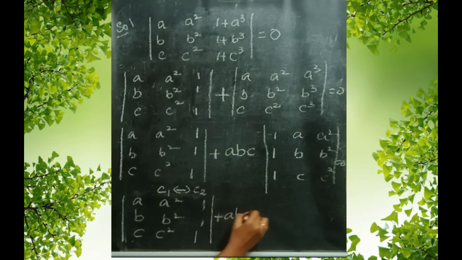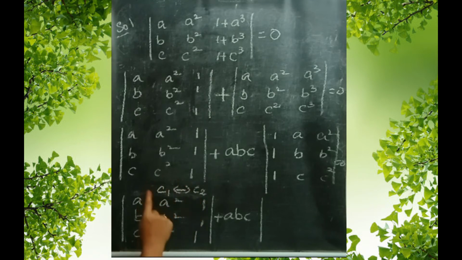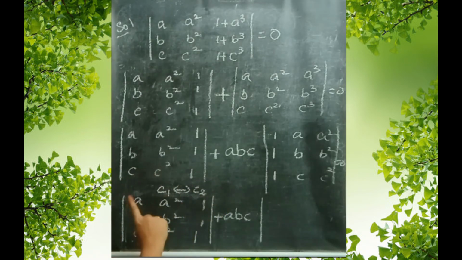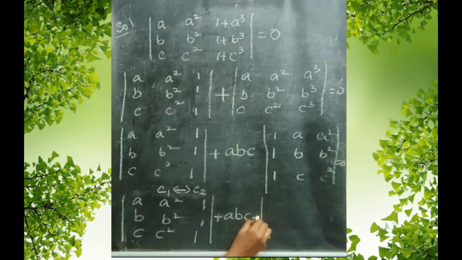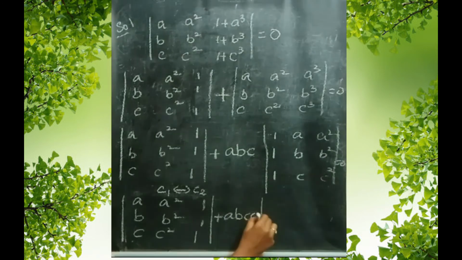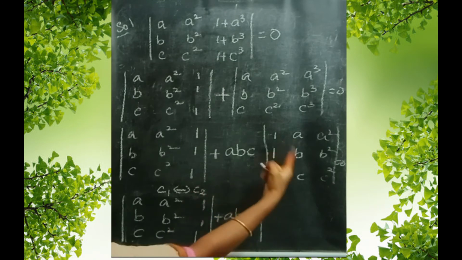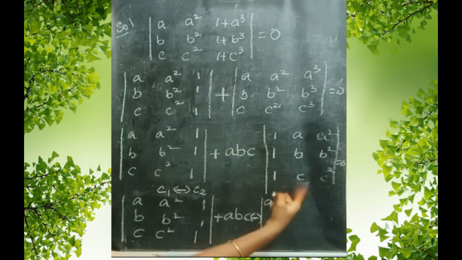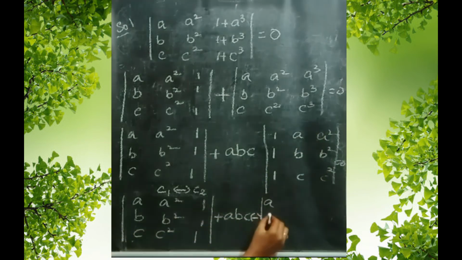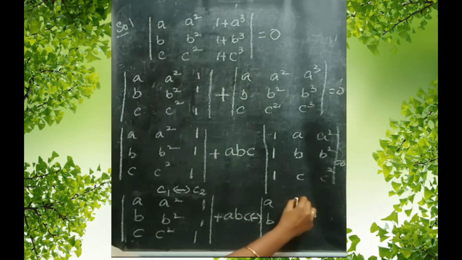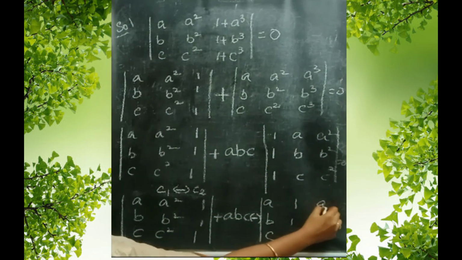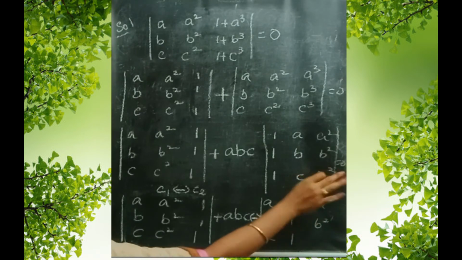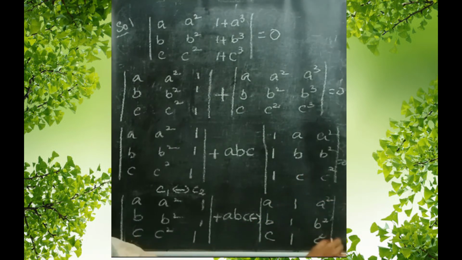Plus ABC. See here, by interchanging any two columns we get a minus sign. C2 will be in the C1 place and C1 will be in the C2 place. C3 will remain the same.